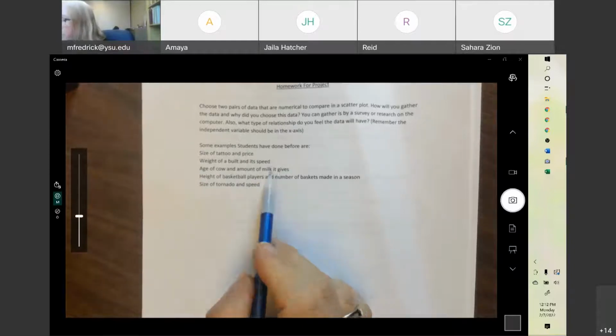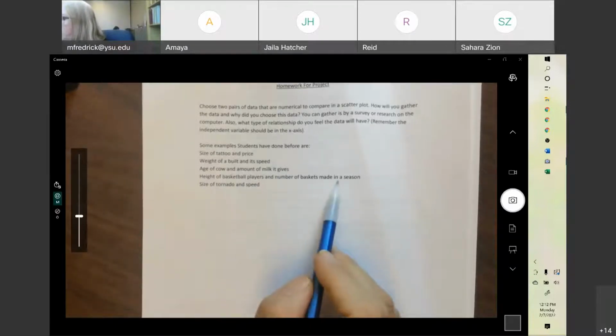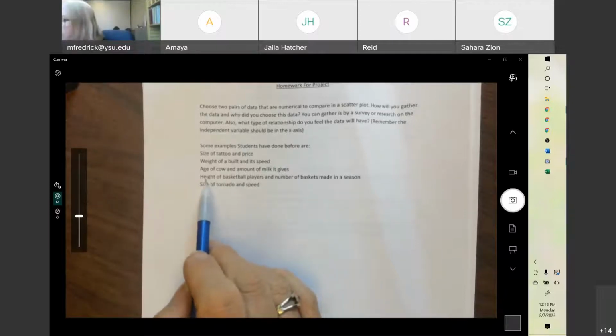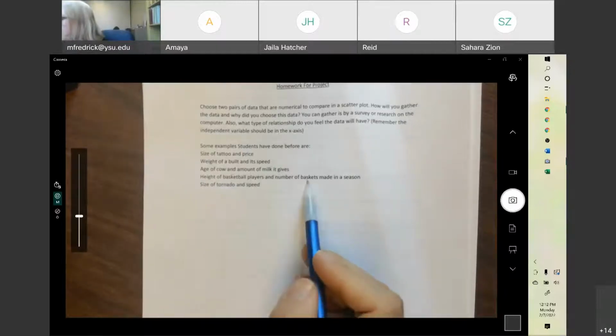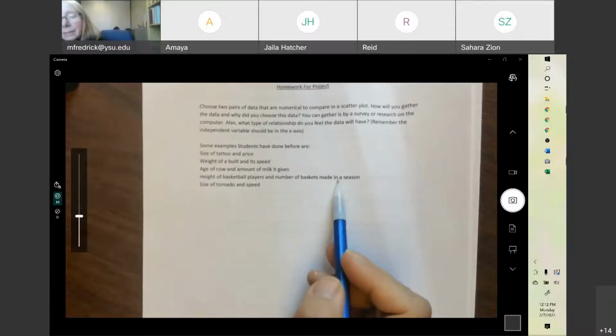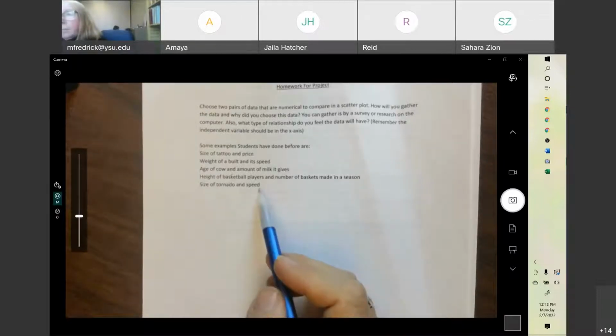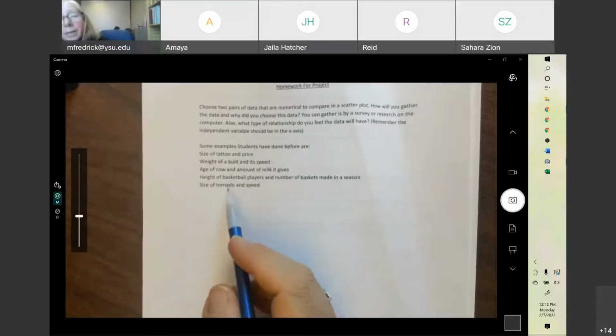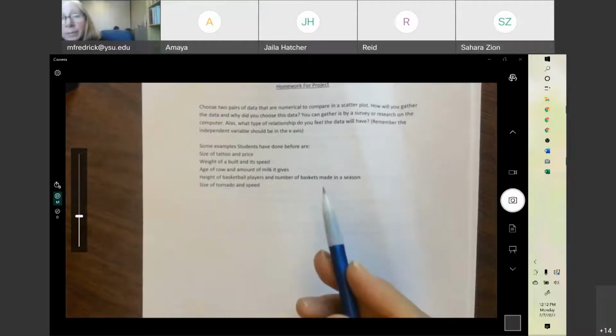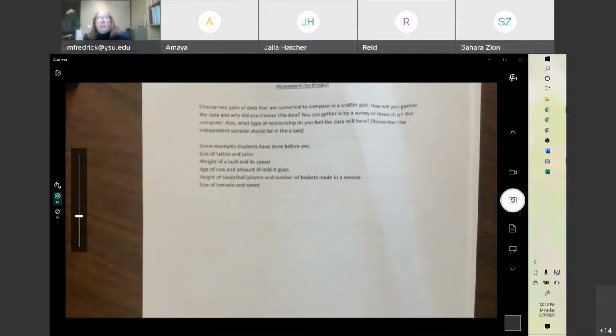Now this is one where they just researched on the computer the height of basketball players and the number of baskets they made in a season. The size of the quarterback or the amount of throws a quarterback has made and how many Super Bowls they've been in. I mean, you can find a lot of information.